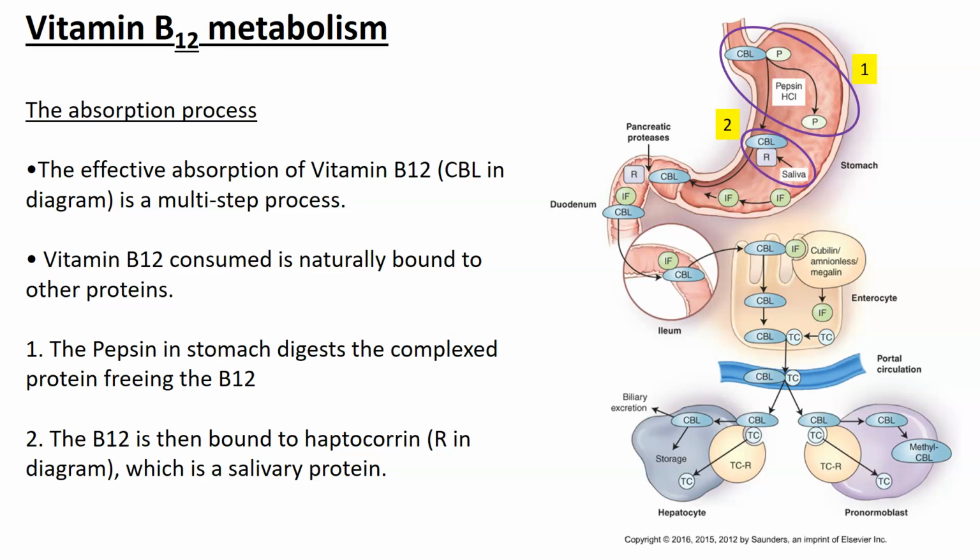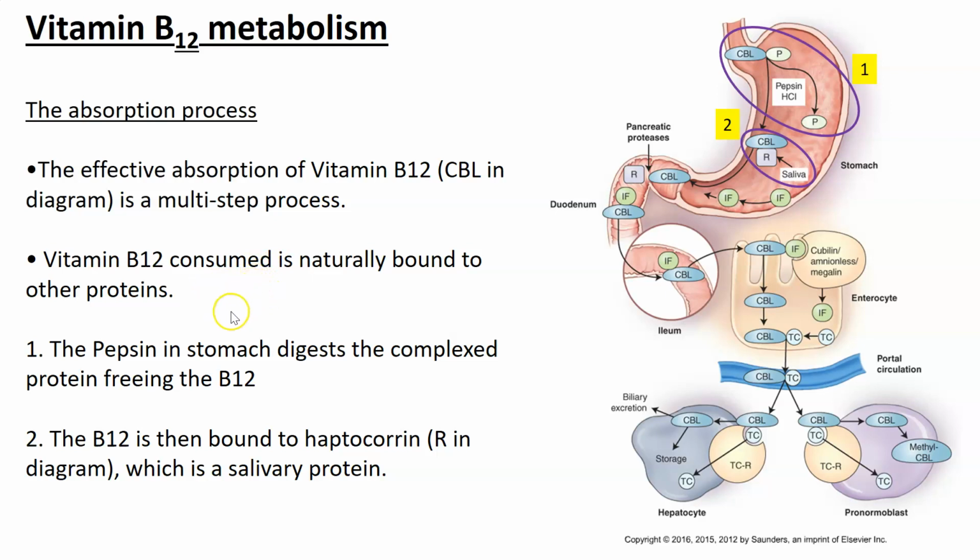As I said, vitamin B12 comes from your diet. It's not something that your body is able to produce. Vitamin B12 is usually complexed with other molecules, and in order to absorb it, we need to detach it from those bound molecules.